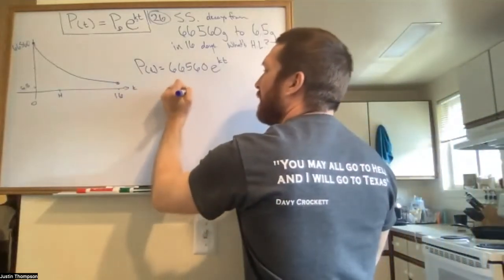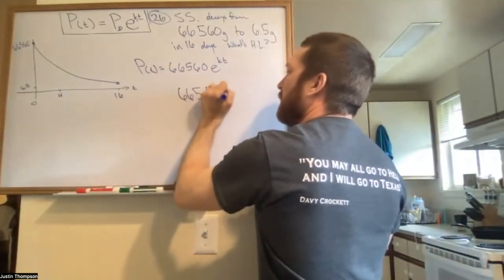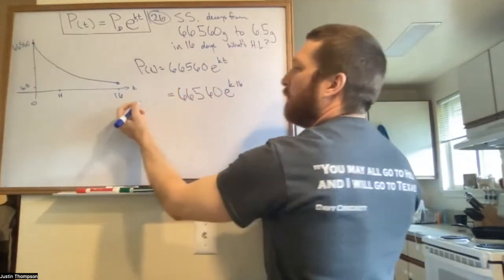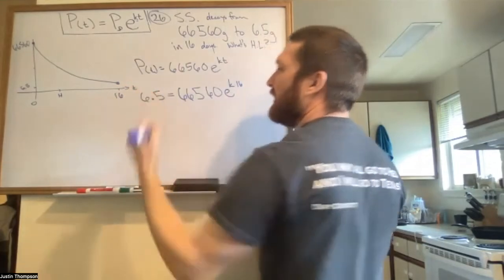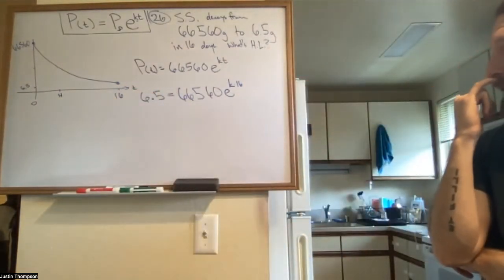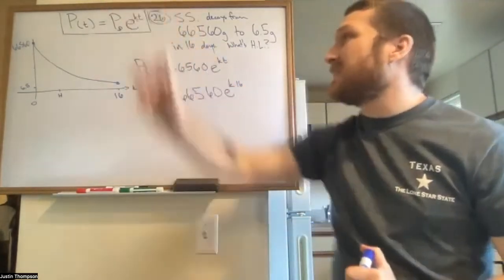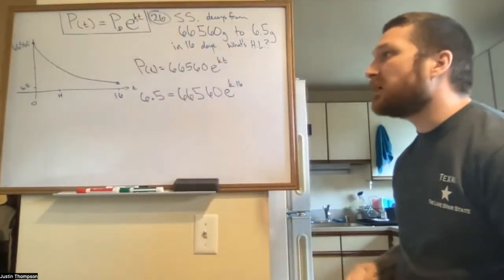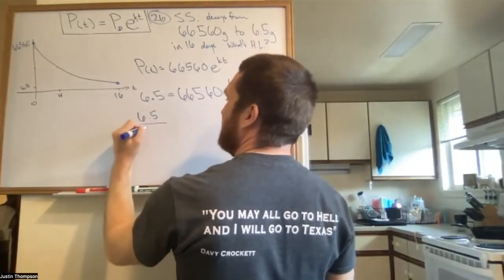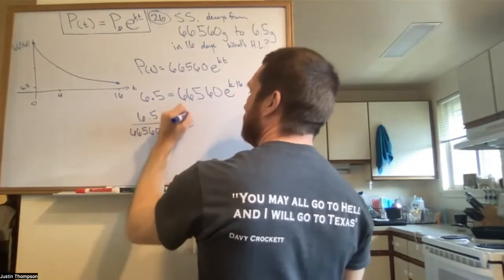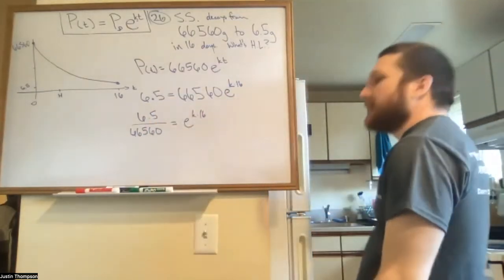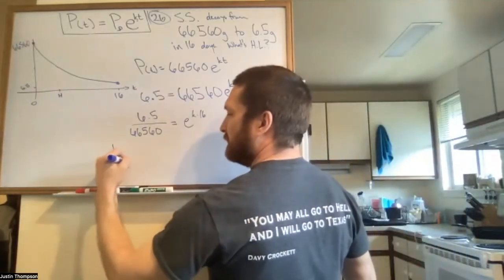So I'm going to take my function, plug in a 16, so that's k times 16, and my output should be a 6.5. The only thing I need to do is find k. Then I'll have my function, and I should be able to answer any question they throw my way. And so I'm going to divide both sides by 66,560. Then I'm going to take the natural log of both sides.